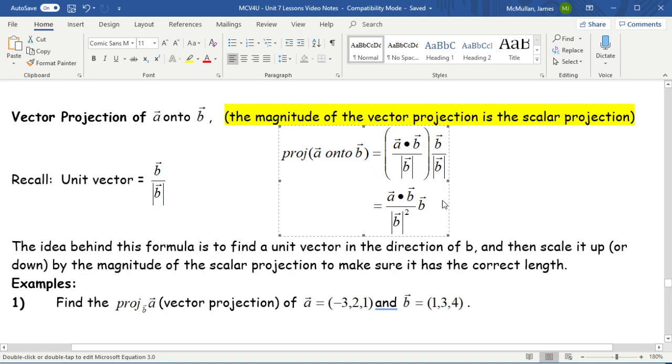When you look at this, all this is doing is collecting these two things into a slightly more readable formula, but I'm actually not even sure I like this formula. I like it better like this because it reminds you where it comes from. It's the scalar projection times a unit vector. Okay?